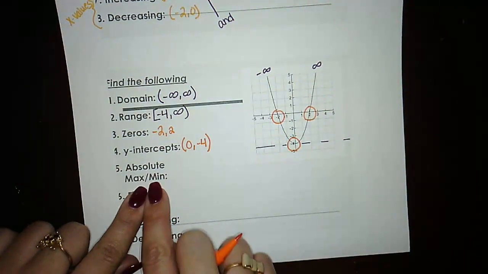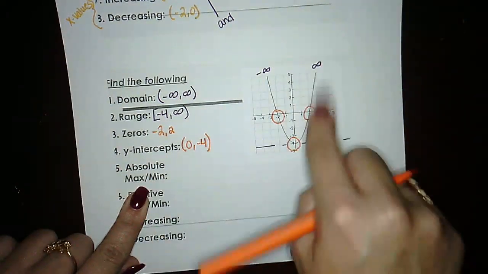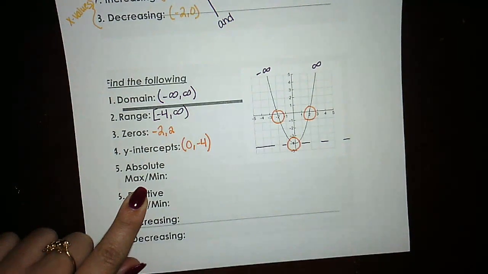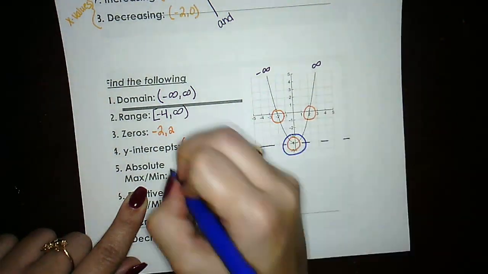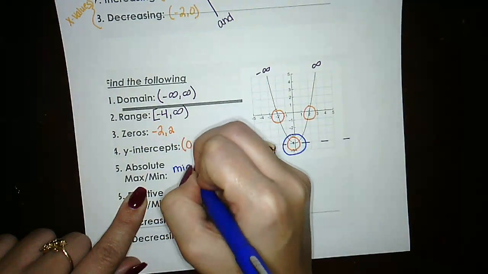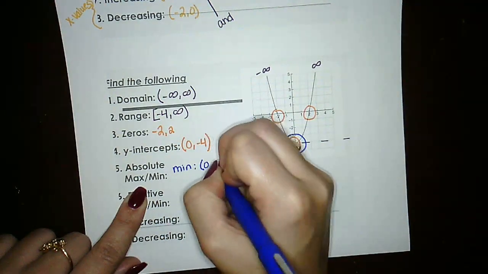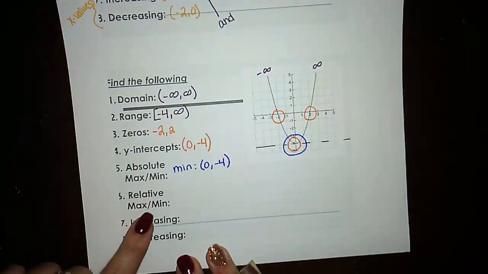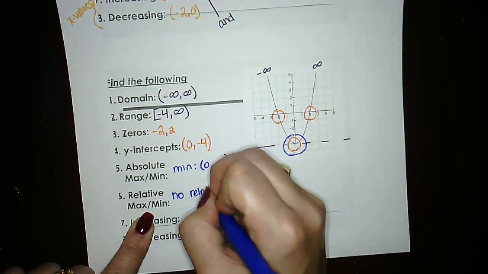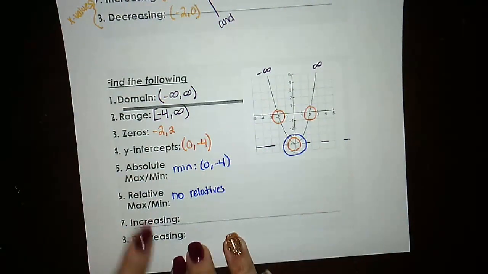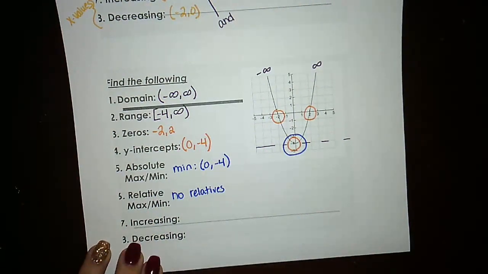Absolute max and min, it doesn't have an absolute max because it's going up towards infinity, but it does have an absolute minimum here at -4. We don't have any relatives. And then intervals of increasing and decreasing.